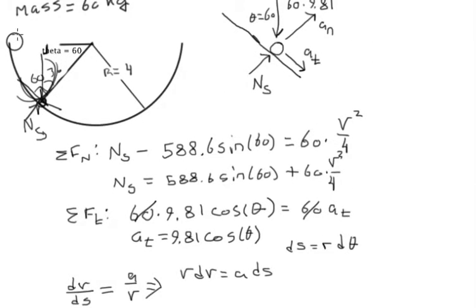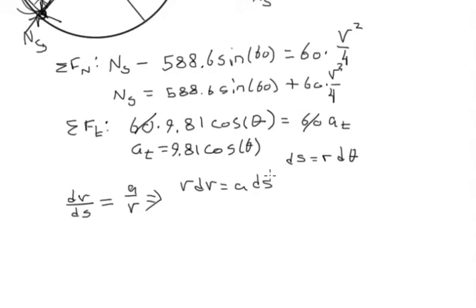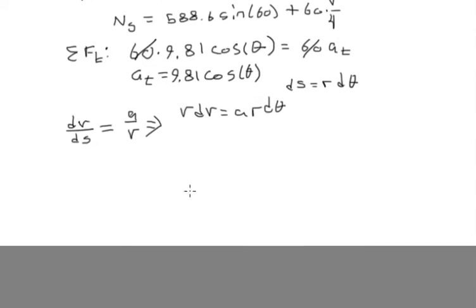If you move from 0 to pi here, you're in fact going to move a distance of pi d theta times r, 4, so a distance of 4 pi. So we're able to replace ds with r d theta right here, and that's set up for integration.